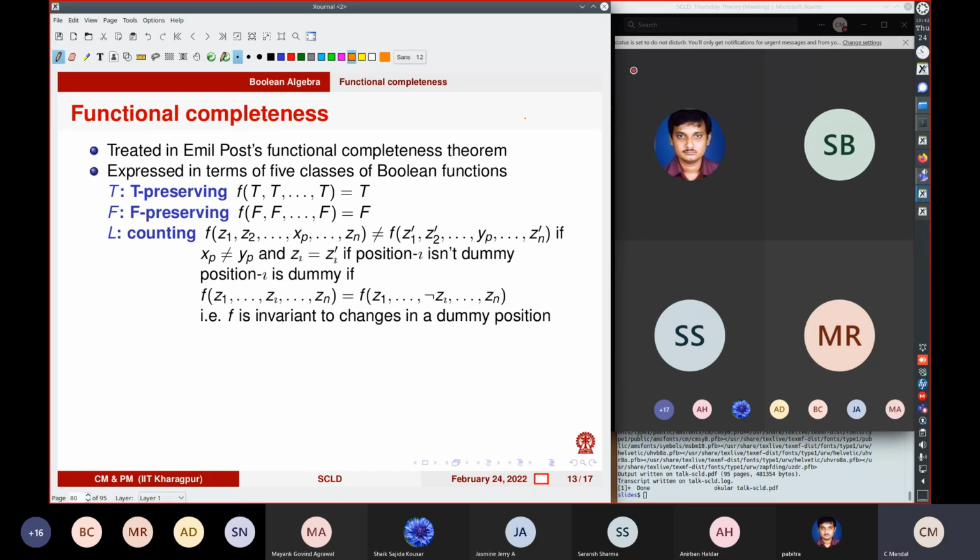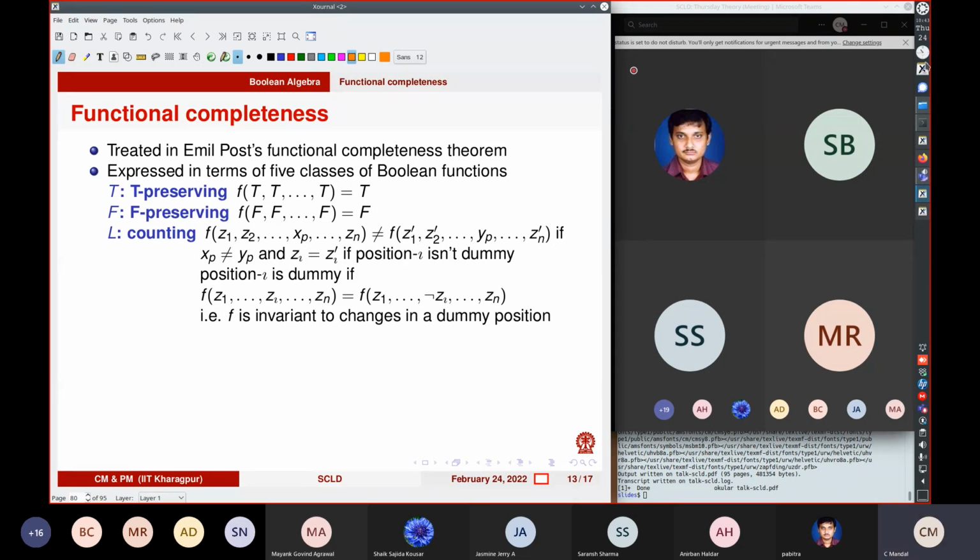Now, there are some functions called counting functions. To understand counting functions, we have to understand the concept of dummy variables.